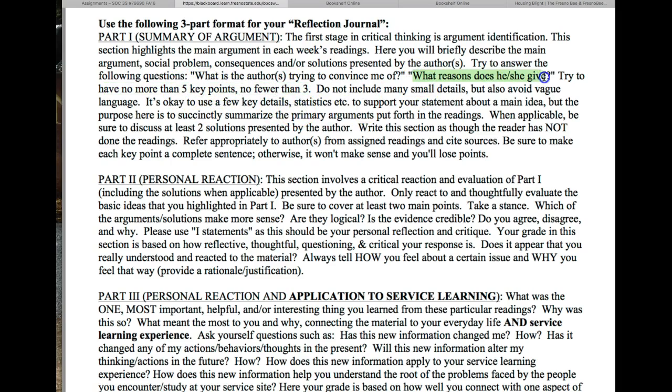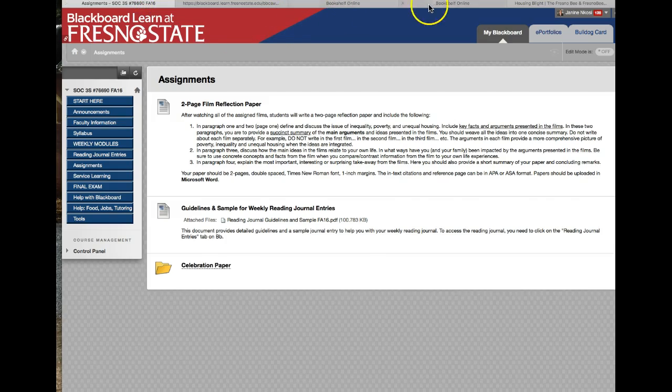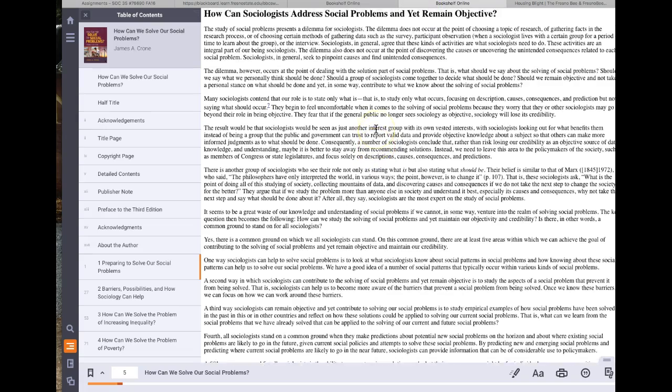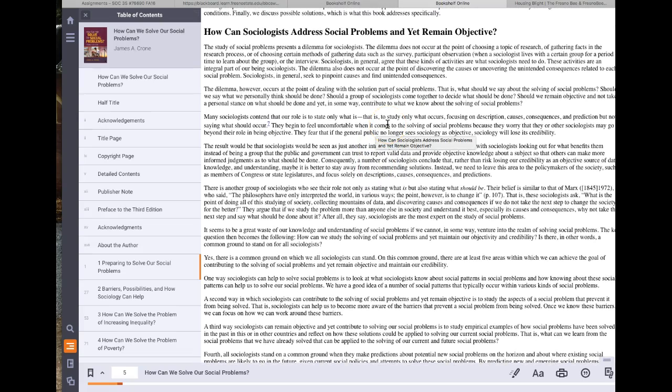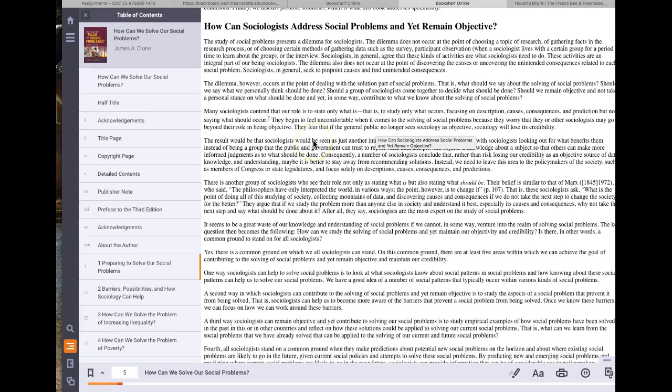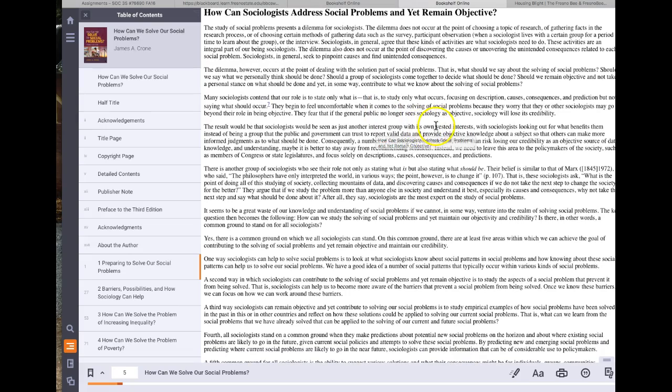What are the reasons that he or she gives? One of the reasons that Crone gives, that sociologists argue for why we should remain objective, is because, let me go back over to the text, if we do not remain objective, then we can fall into a problem of kind of revealing right here.